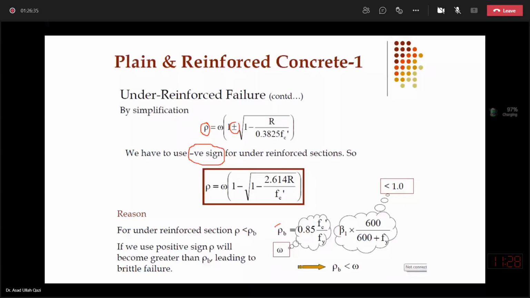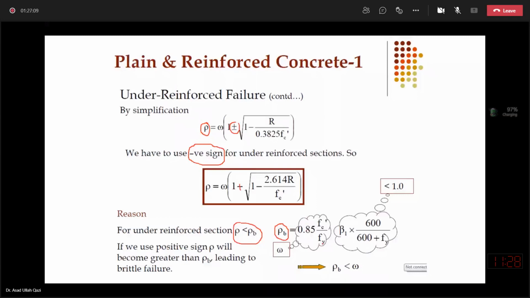For under reinforced design, I need rho to be less than rho balanced. And incidentally, the root with plus in between is giving me the rho which is above rho balanced, and this has been proved here, because when it is plus over here, it will become omega, and omega is already 0.85 Fc prime over Fy, which is present in the balanced reinforcement ratio equation.